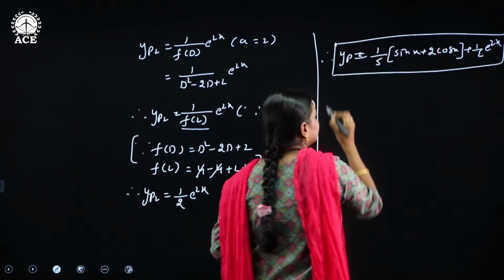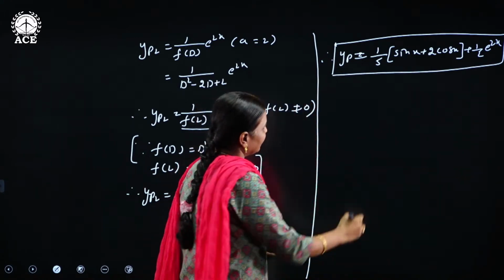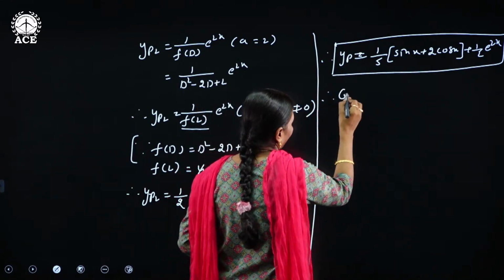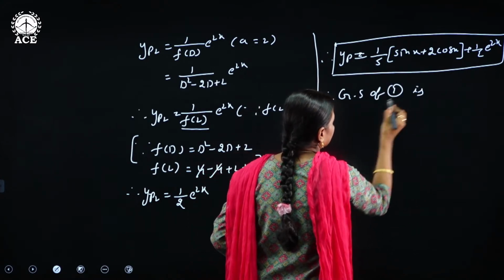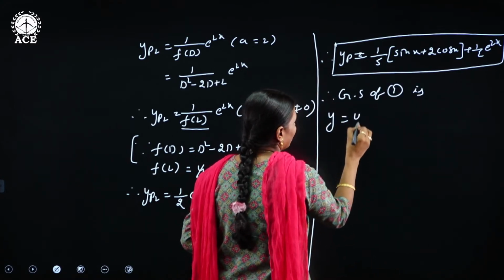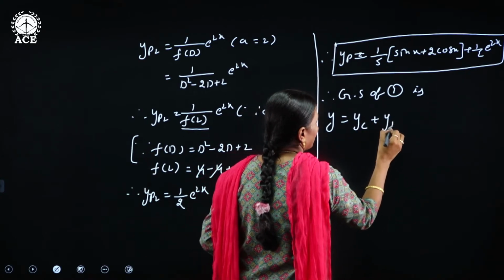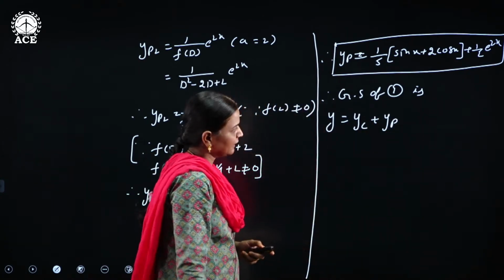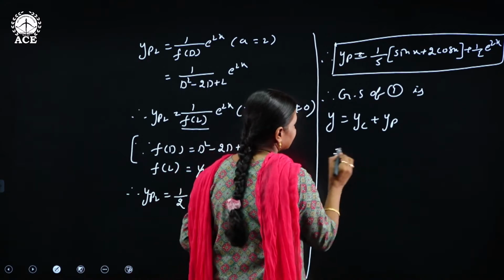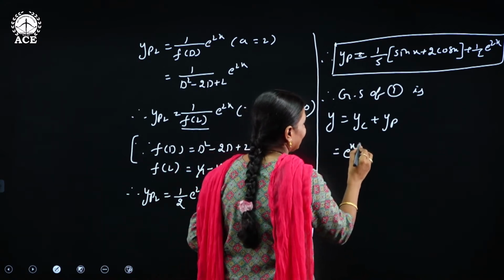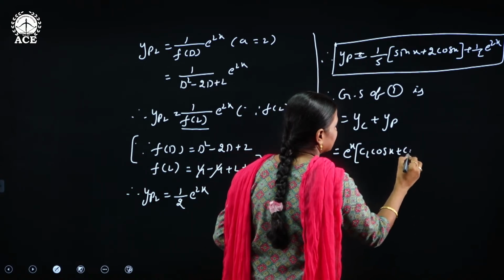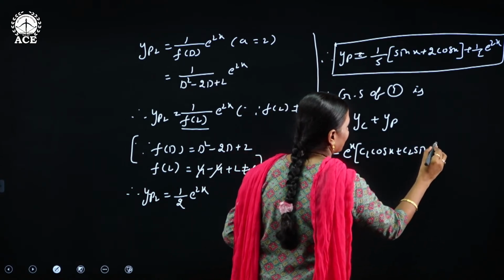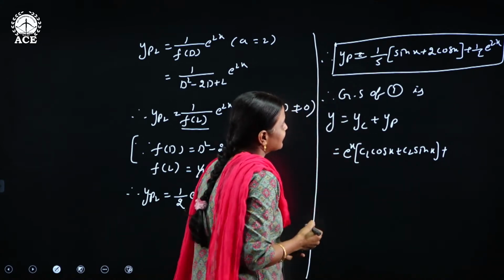Now write the general solution. What is the general solution? Therefore, the general solution of equation 1 is y equal to yc plus yp, complementary function plus particular integral. What is yc? Yc is equal to e power x into c1 cos x plus c2 sin x, plus yp. What is yp?